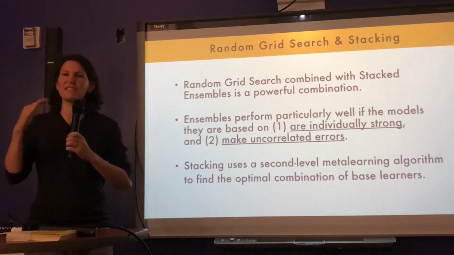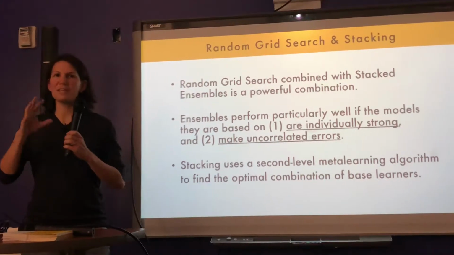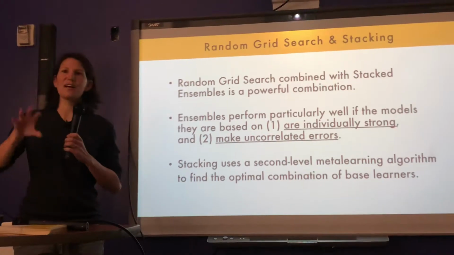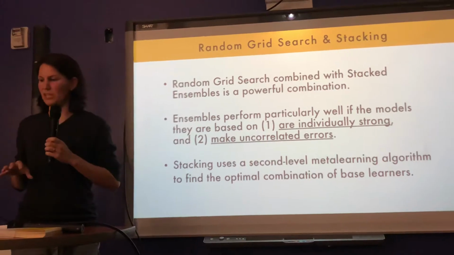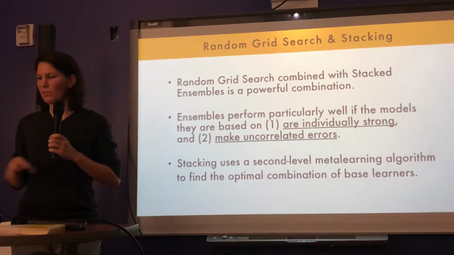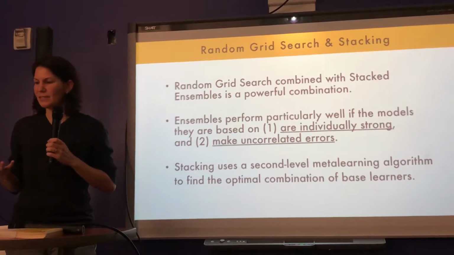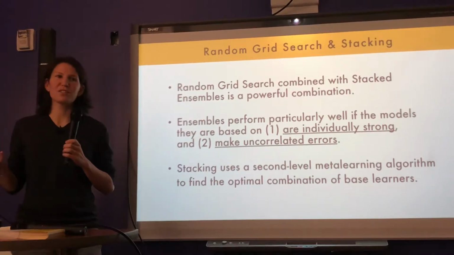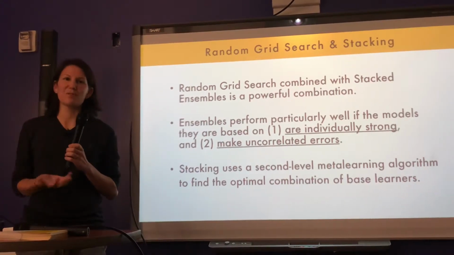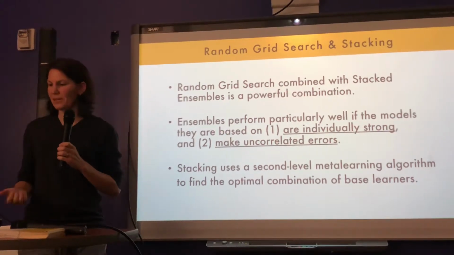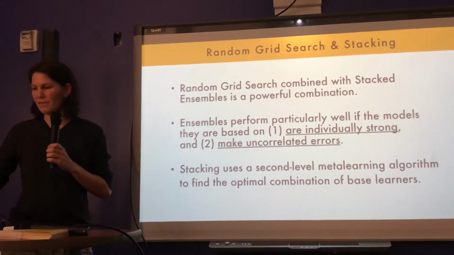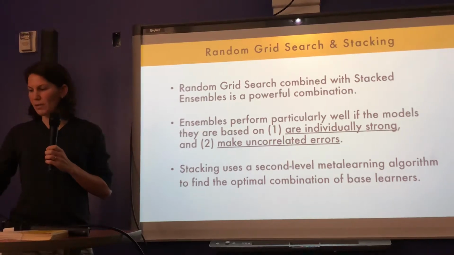Maybe there are different subsets of your data that do better on certain algorithms, and stacking helps deal with that situation. So one way to get diverse models is to just randomly generate them. That's what random grid search does. So these two things work really well together, and this is what our AutoML is based on.